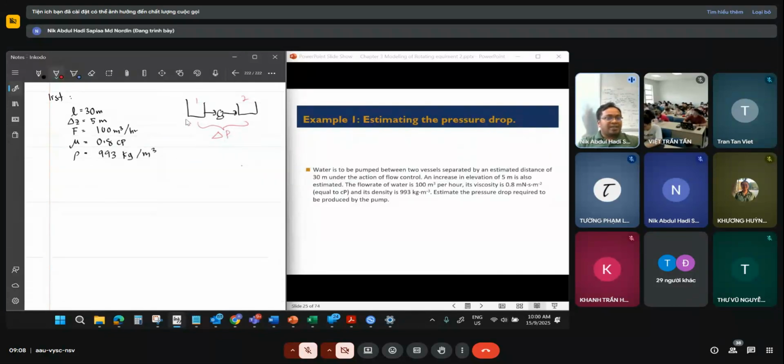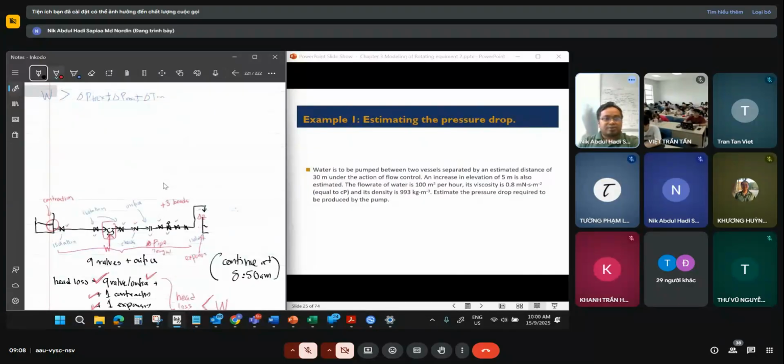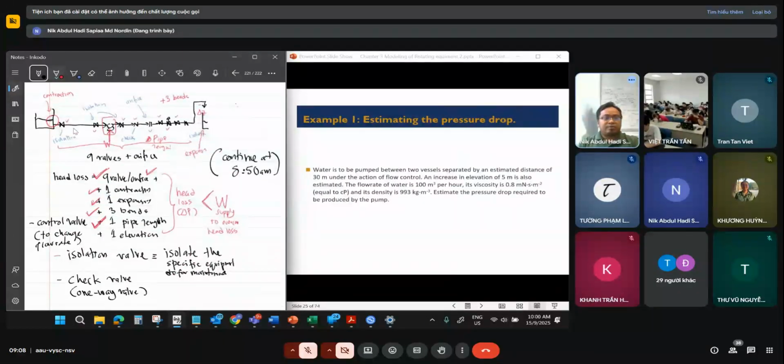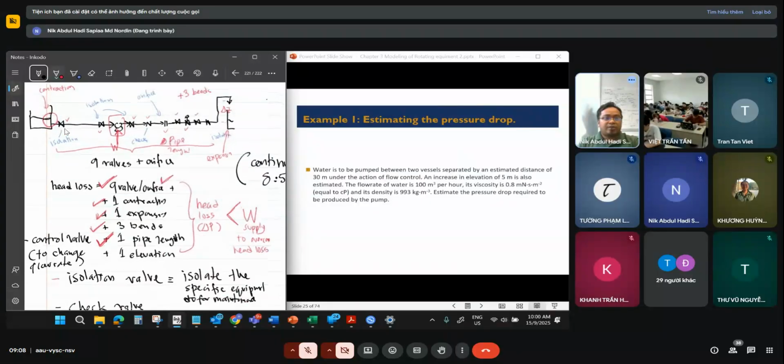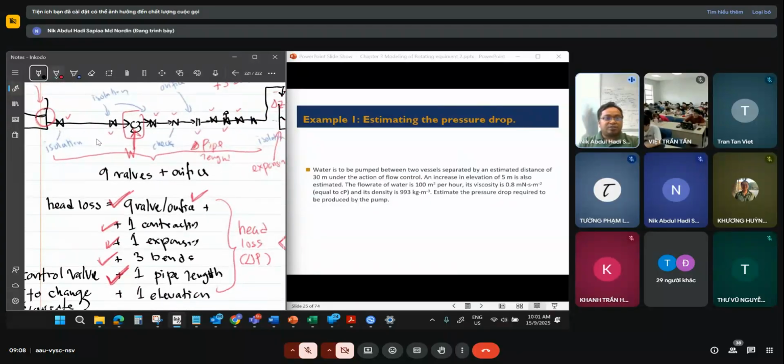And before we can calculate, let's go back into our previous example to identify what kind of valve or fitting is happening here. So let's get back to this figure.